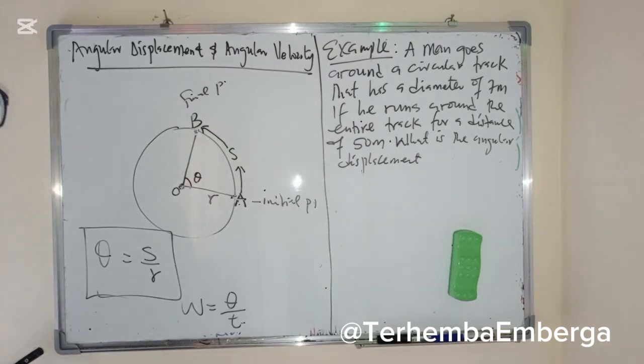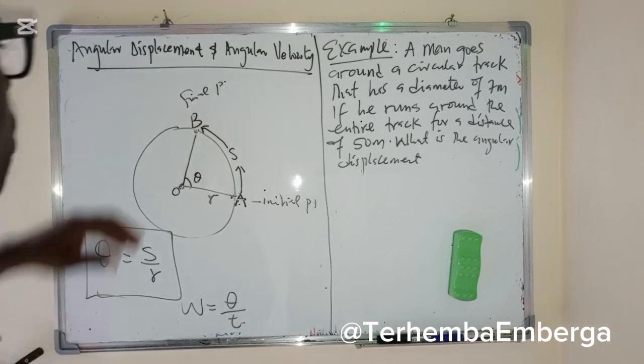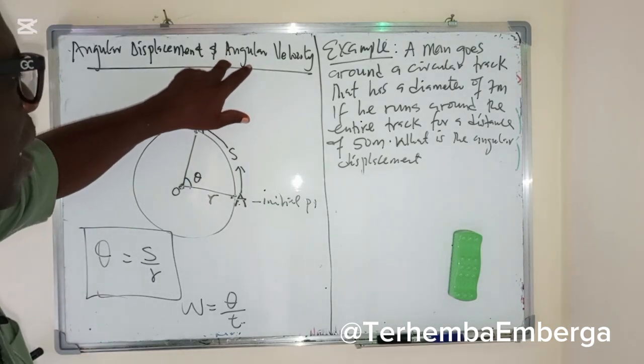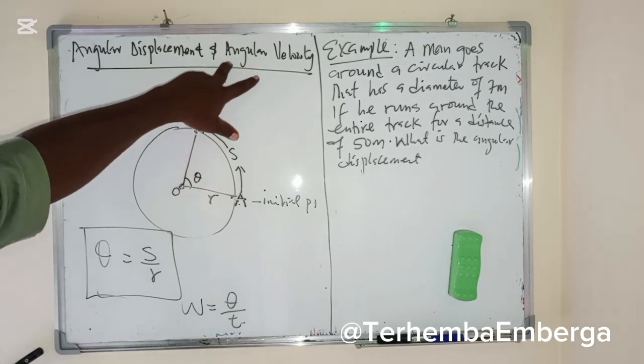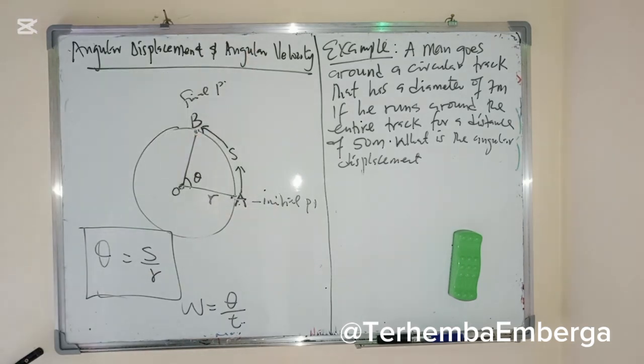Angular velocity is also known as rotational velocity or angular frequency.